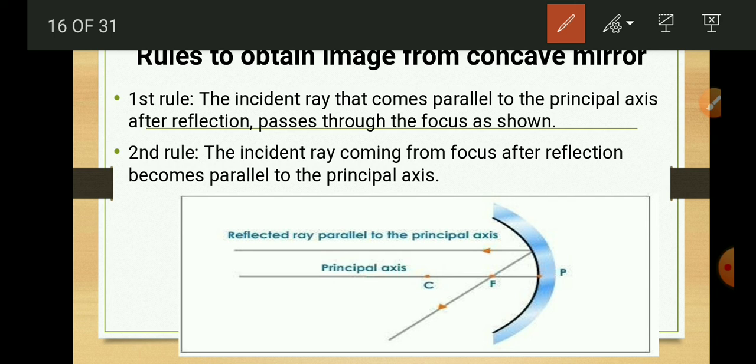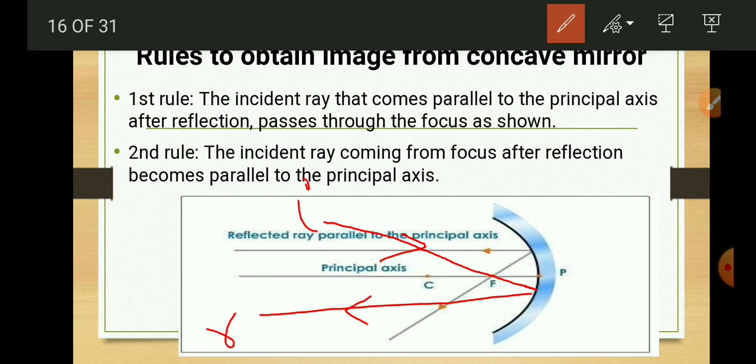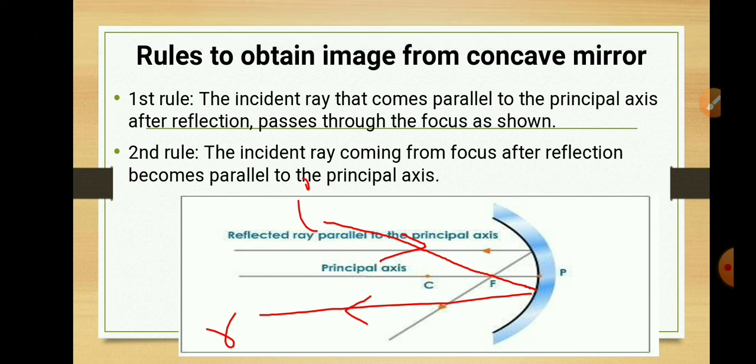For example, if the ray is passing through the focus, then after reflection it will go parallel to the principal axis. So this is the incident ray and this one is the reflected ray. These are the two rules regarding an incident ray parallel to the principal axis and an incident ray coming from the focus.